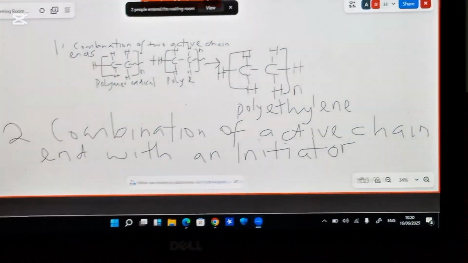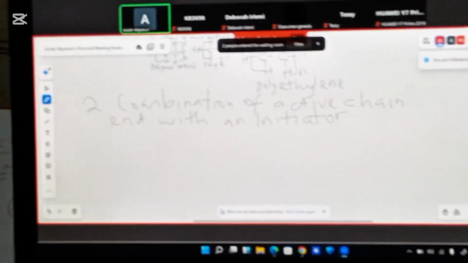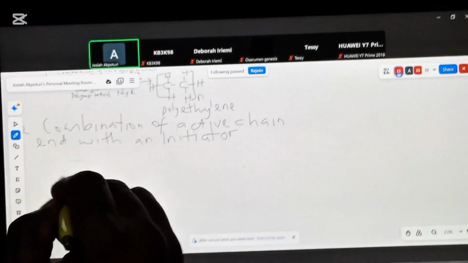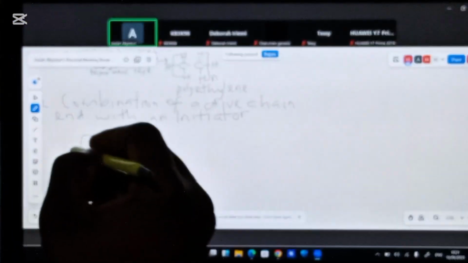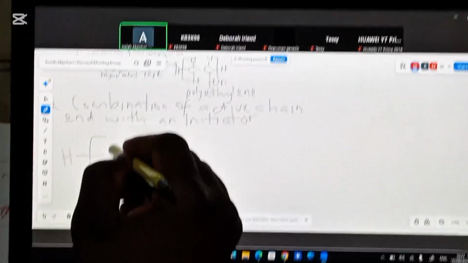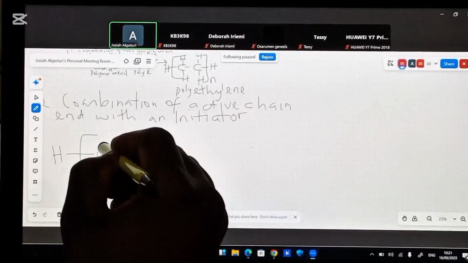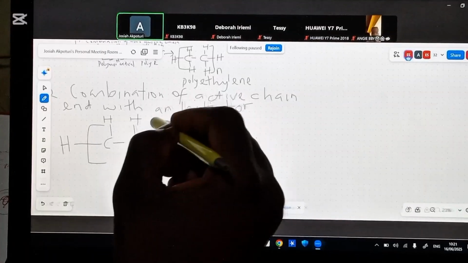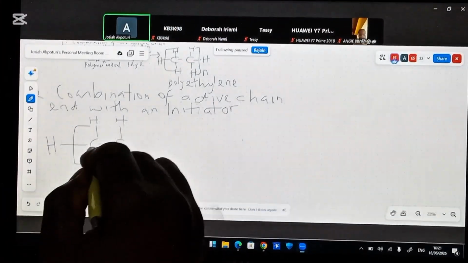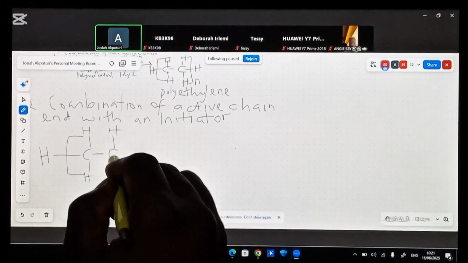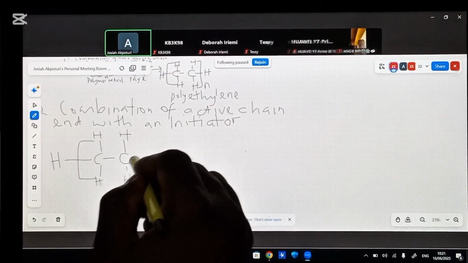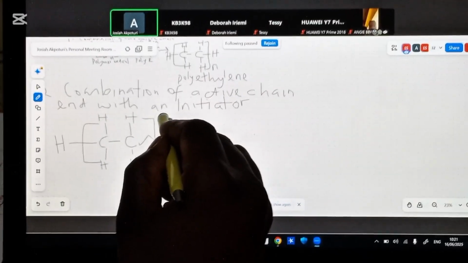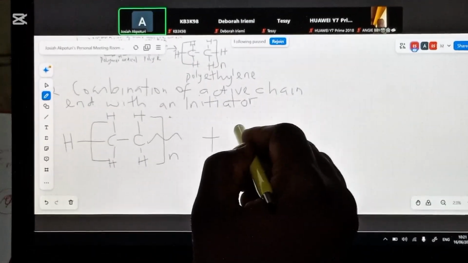So when we have that, how do you indicate it in your reaction? We initiated this. This is the active end. This is how we write the active end, C to C. Don't forget we are talking about polymerization of ethene. If they tell you to do polymerization of styrene, you follow the same process. This is the active end, plus an initiator.